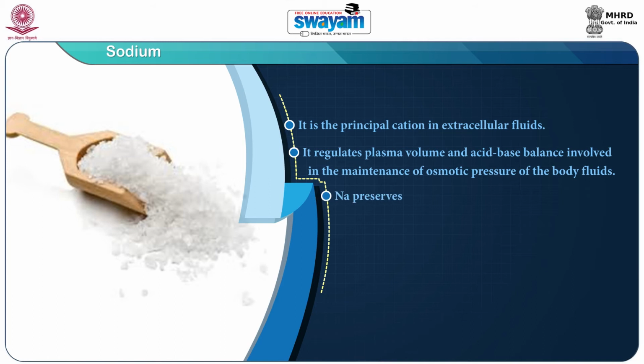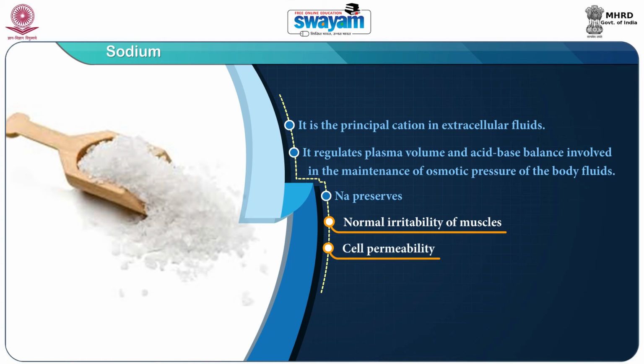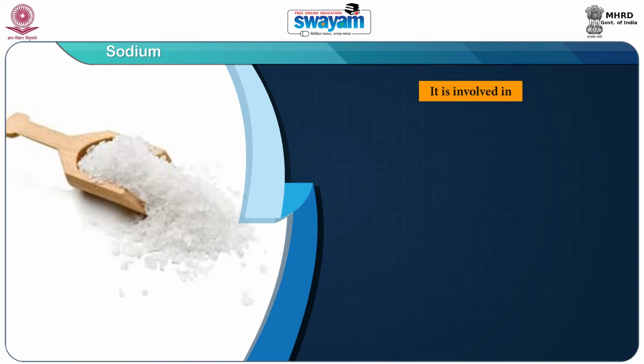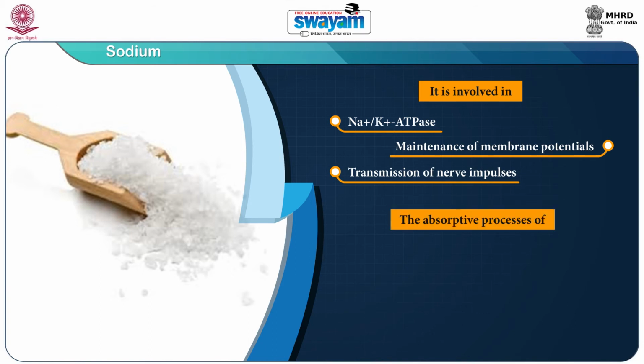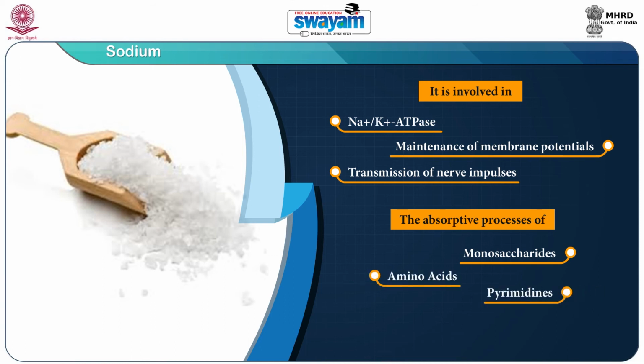Sodium preserves normal irritability of muscles, cell permeability, activates nerve and muscle function. Sodium is also involved in sodium potassium ATPase, maintenance of membrane potentials, transmission of nerve impulses, and the absorptive processes of monosaccharides, amino acids, pyrimidines, and bile salts.